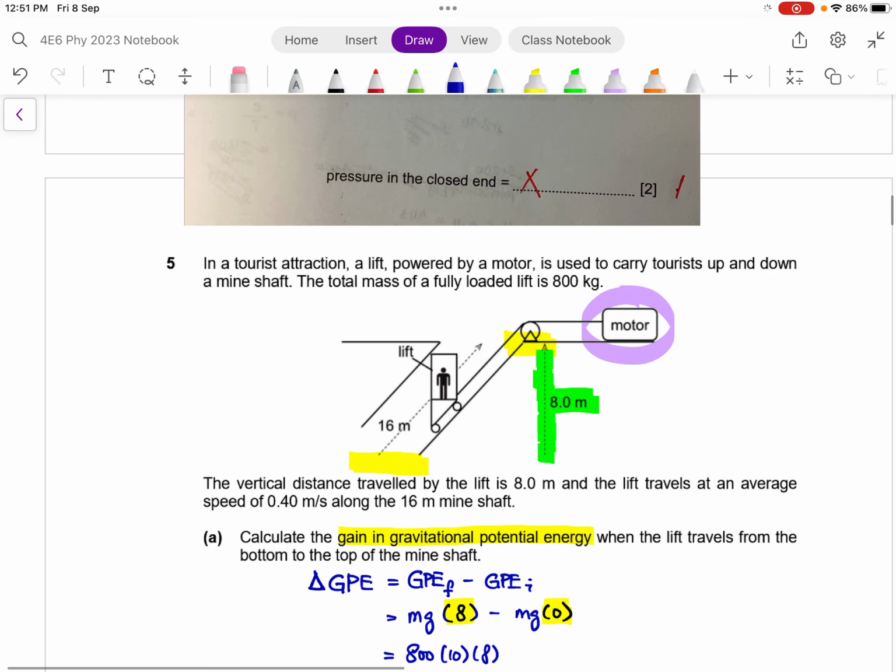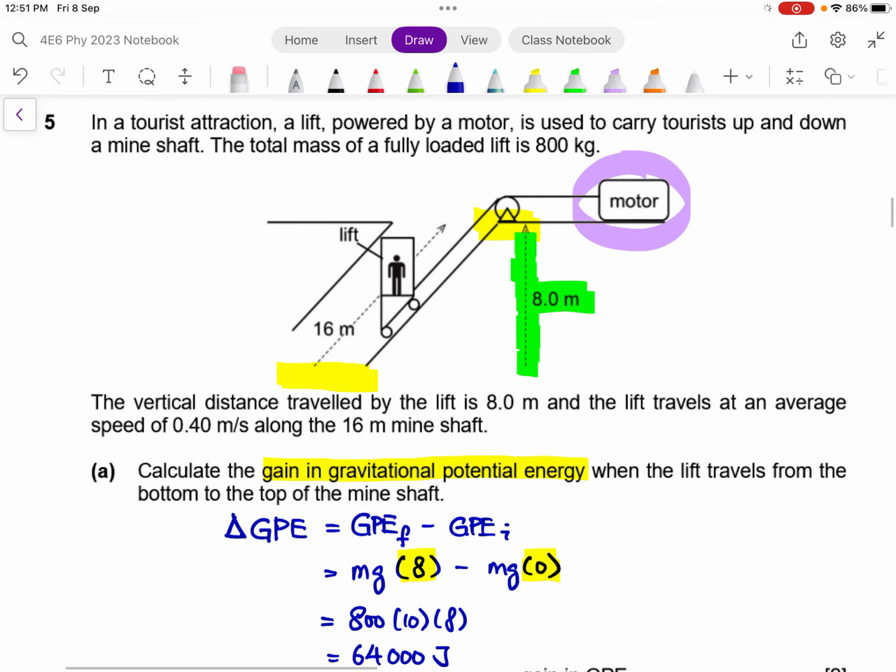So if we look at the data here, you can actually see that there's a pair of data that can let you know how long does it take for the lift to rise from the bottom to the top, right? So the pair of data is actually over here. The lift will travel at 0.4 and it will rise up diagonally. So this speed need to cover this 16 meter.